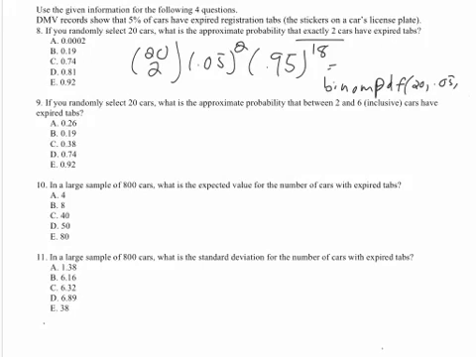The number of successes is 2. I had that 18 in my head from before, but the number of successes here is 2. So the probability of exactly 2 would be binompdf(20, 0.05, 2), which would be 0.1887. That would be closest to 0.19.